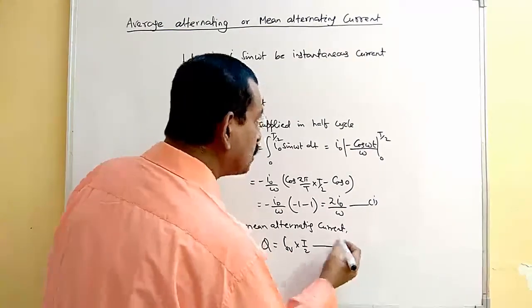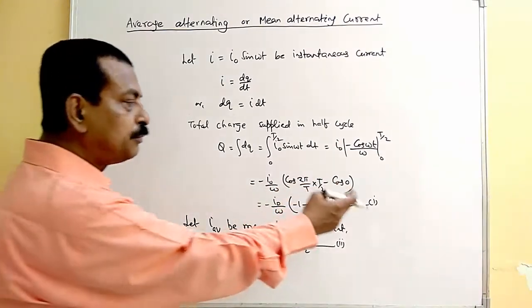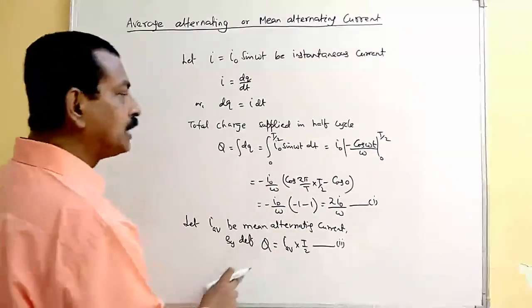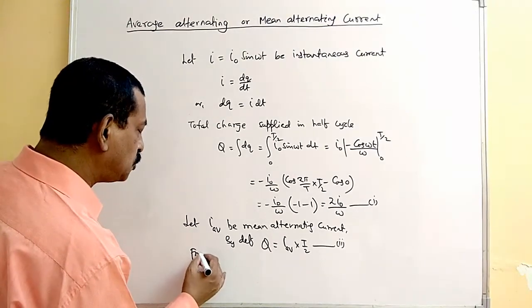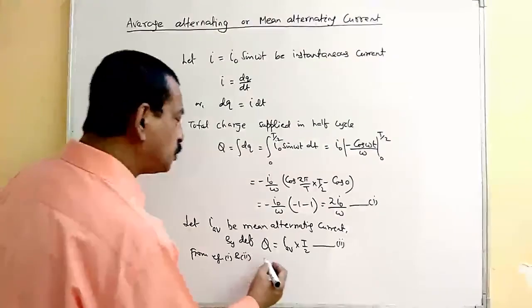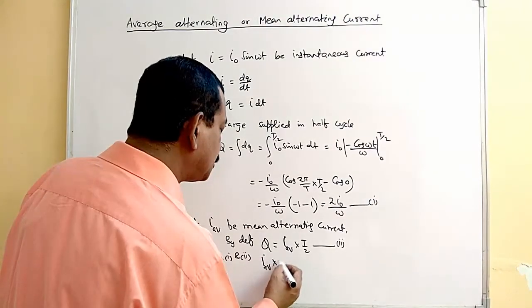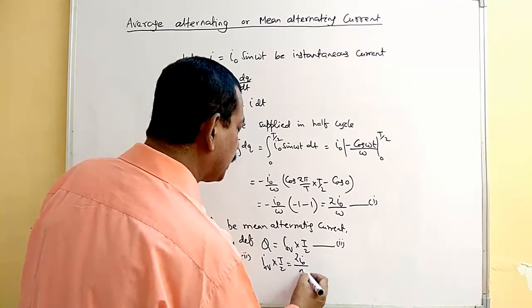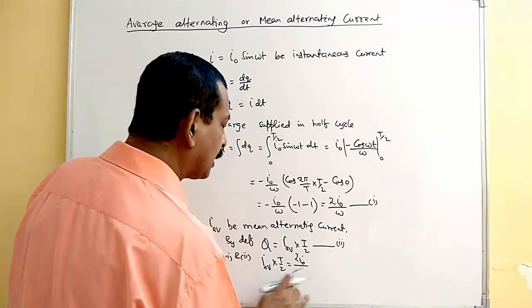This is your second equation. Now if you equate equation 1 and 2, because both are equal to Q, from equation 1 and 2, what do we get? I average into T by 2 equals 2 I naught by omega.